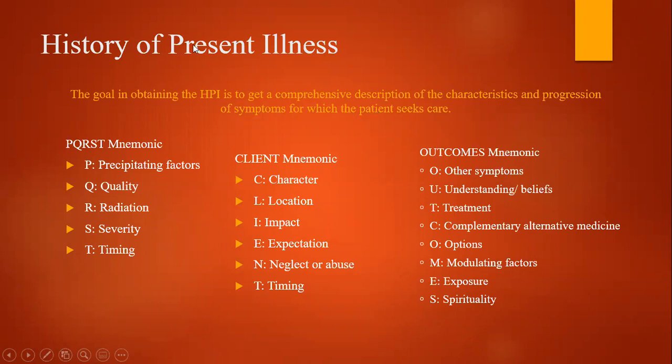The different points included in the history of present illness have a way to remember: PQRST. P stands for precipitating factor of the disease, Q stands for quality, R stands for radiation, S stands for severity, and T for timing.